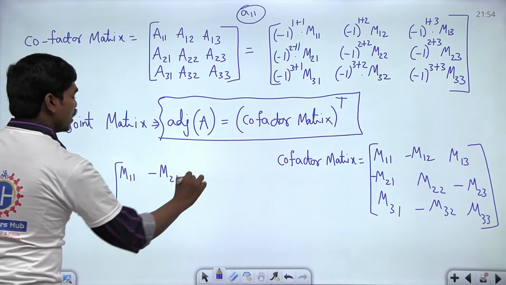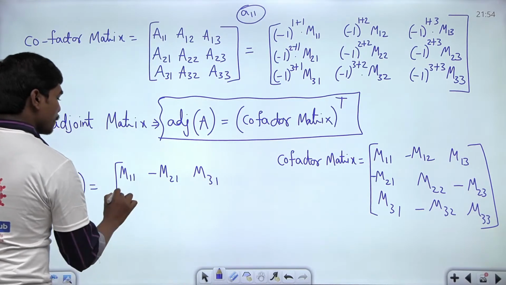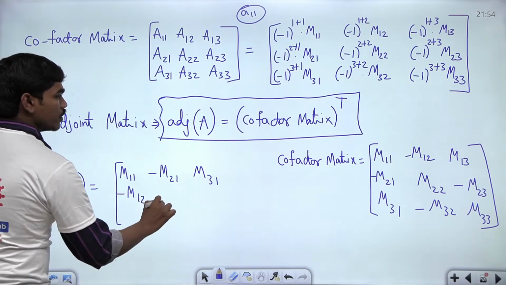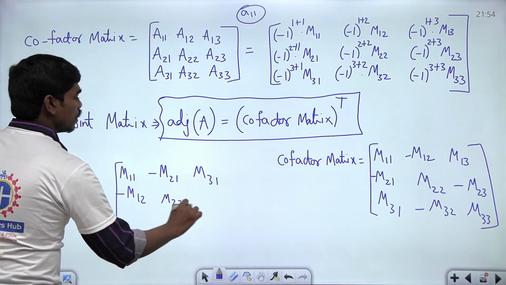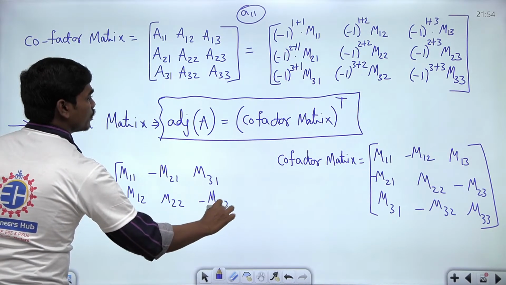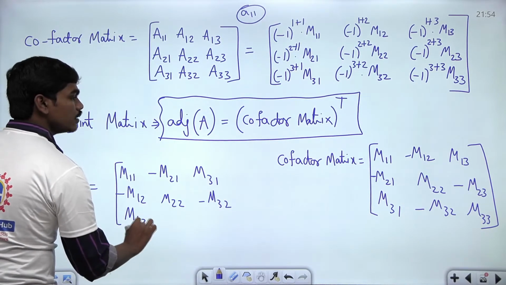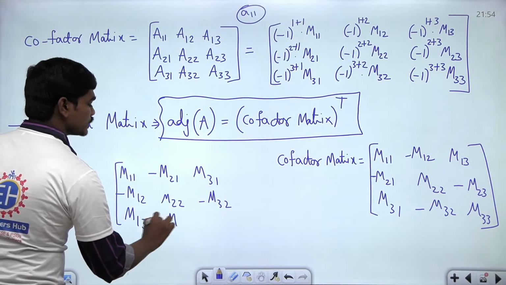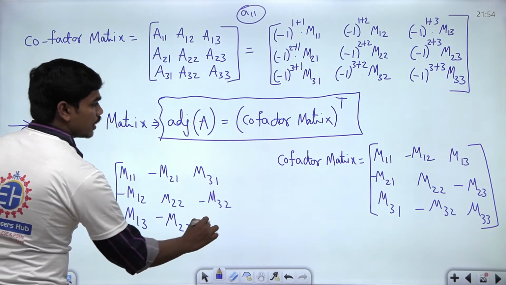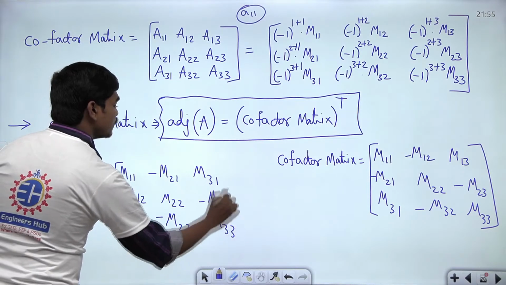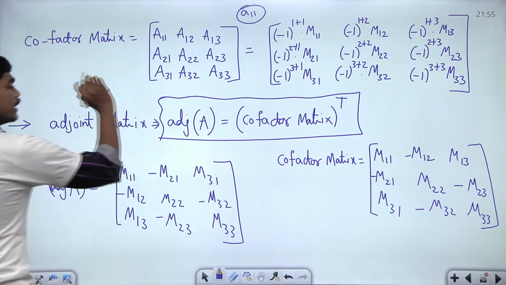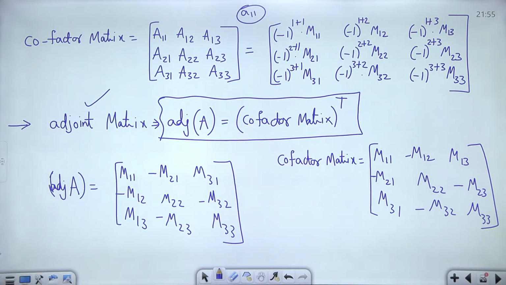M21, M31, next minus M12, M22, minus M32, next M13, minus M23 and of course M33. Now as per this definition which I gave you here, adjoint matrix is nothing but the transpose of this cofactor matrix.